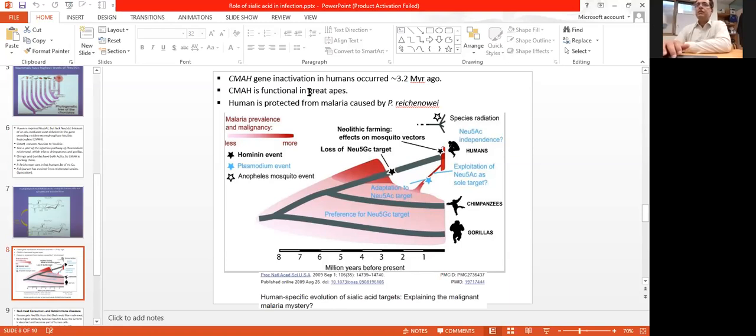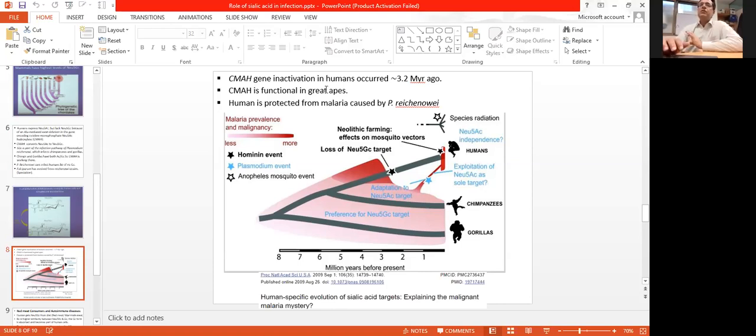As I told you, that CMAH gene was inactivated long ago in our ancestors, the hominids, 3.2 million years ago. You can say that our ancestors evolved this particular trait, an inactivation of the same CMAH gene.